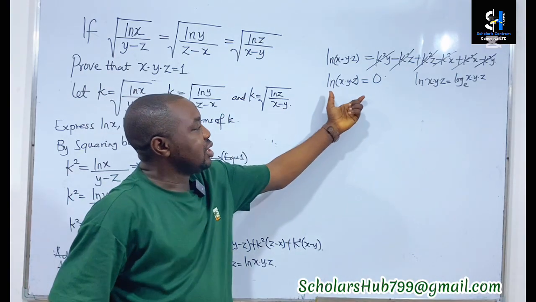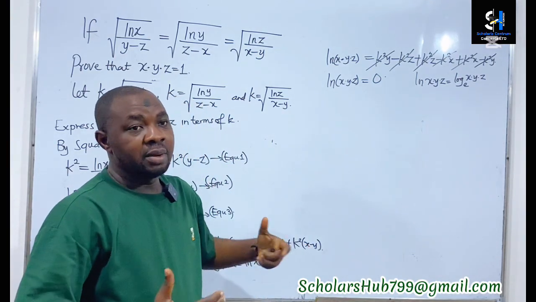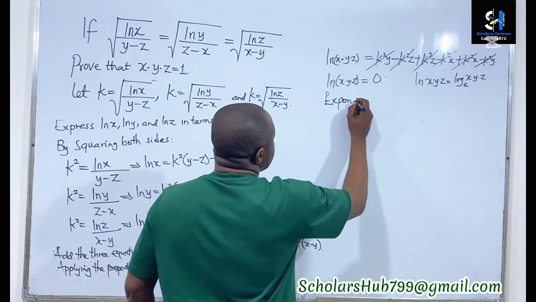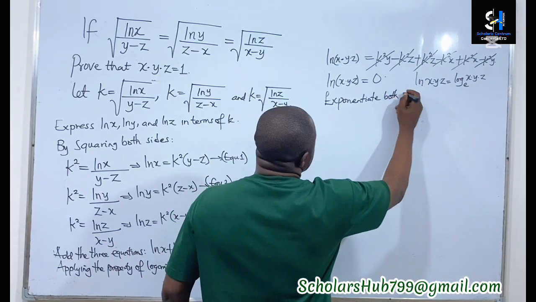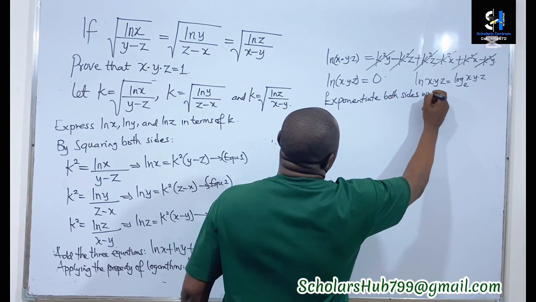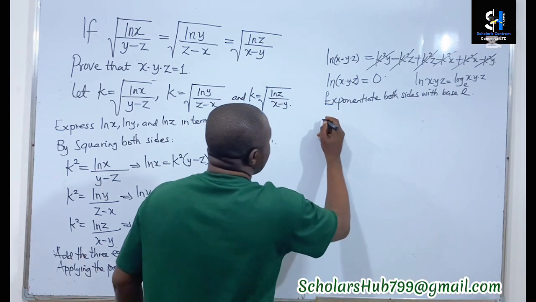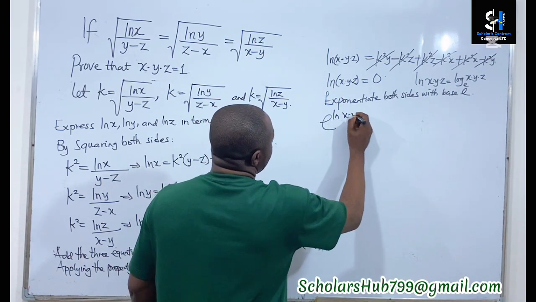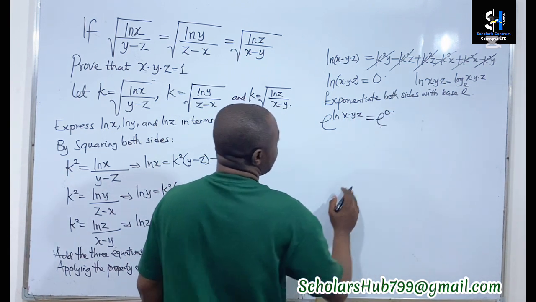So we can exponentiate both sides with base e, and that will be e exponent ln xyz equals e exponent 0.